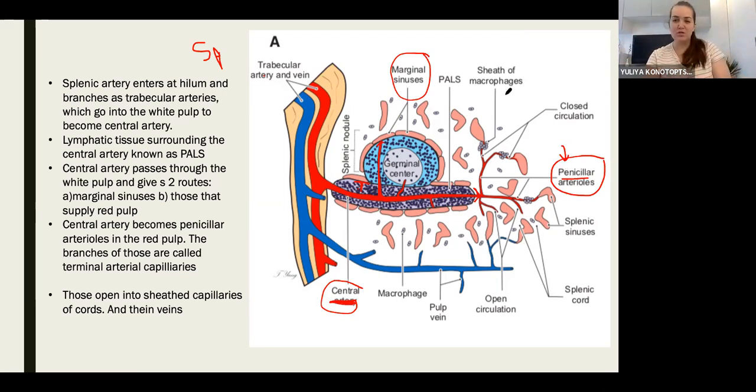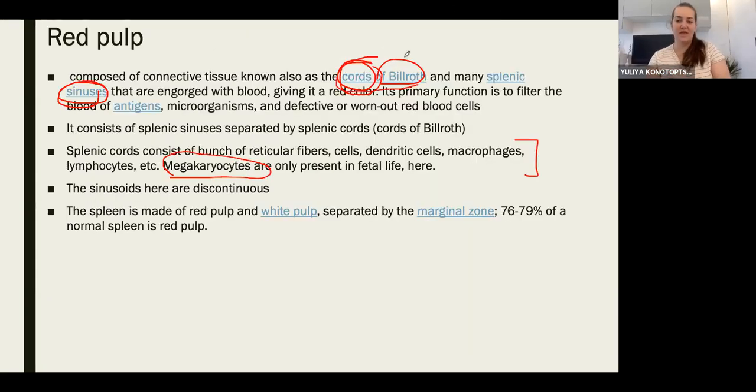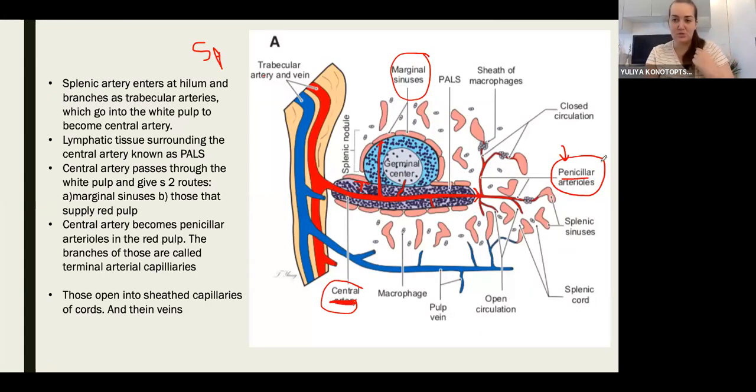But don't forget, what is the job of the red pulp? It's a morphological filter. It's shaped like a filter. So what is acting as the filter? Your cords of Billroth. They act as a net through which you kind of put your blood, right? So what happens? The blood in your penicular arterioles empties into the cords of Billroth.